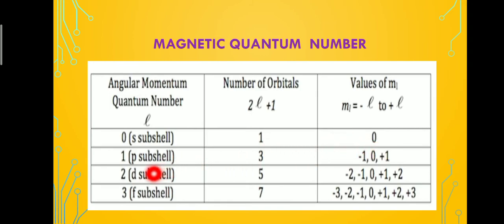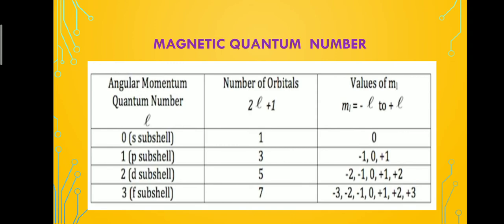For L equal to 1, the number of orbitals is 3, and the magnetic quantum number is minus 1, 0, plus 1. For L equal to 2, the subshell is d, and the number of orbitals possible is 5, and the values of the magnetic quantum number are minus 2, minus 1, 0, plus 1, plus 2.